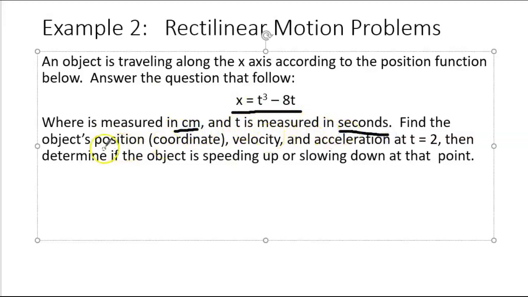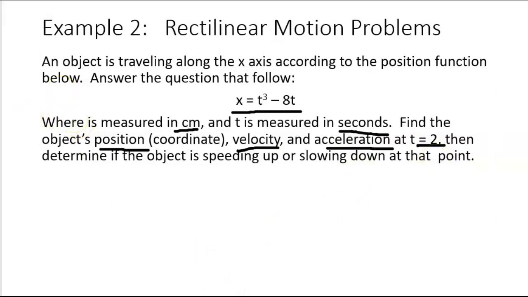They want me to find the position, the velocity, and the acceleration when t equals 2. To find the position, we're just going to be plugging the time value of 2 into the original function.